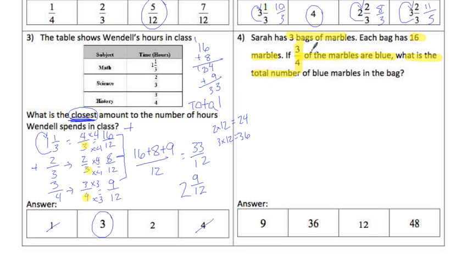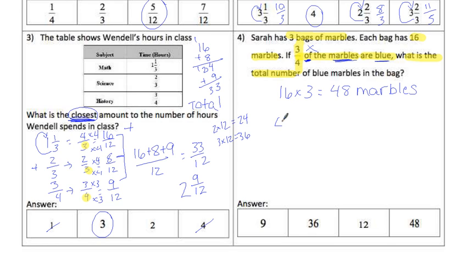There are 3 bags of marbles, and it says 3/4 of the marbles are blue. Of tells you to multiply by the marbles. And we need to figure out how many marbles there are, because if there are 3 bags and each bag has 16, if we do 16 times 3, that means that we have 48 marbles. And then we need to do 3/4 of the marbles are blue.